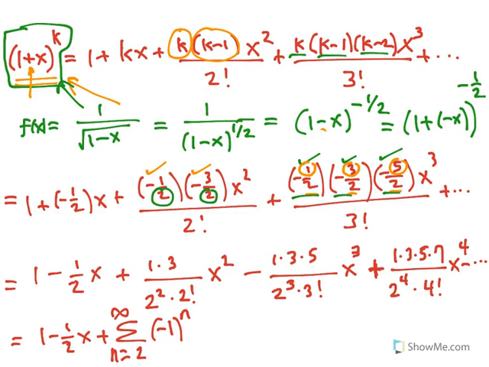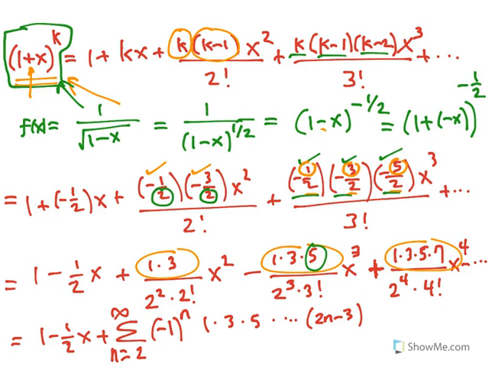So the pattern in the numerator is the same as what we saw yesterday. So we have 1 times 3 times 5. When do we stop? Actually, it's different from yesterday, so it's not 2n minus 3.